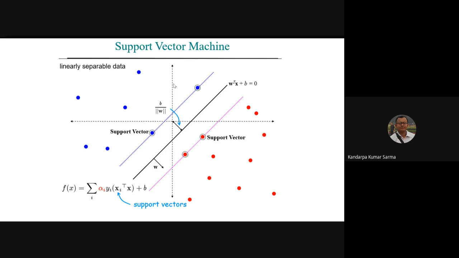That is the bias normalized by the norm of the weight for that particular region, and the function that shall be linked with it shall be the small f of x, taking the value of alpha i, yi, xi transpose x, through which the support vectors are generated or linked, plus b, and this i is summed up for the whole data set, for the whole sample space.